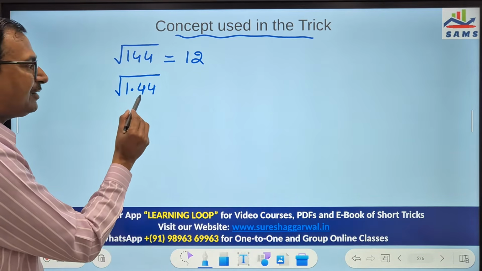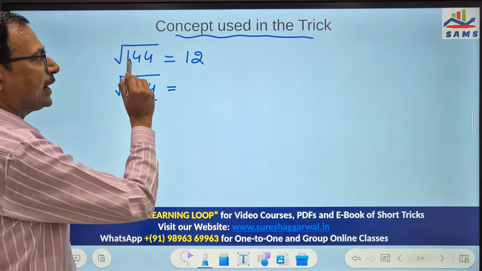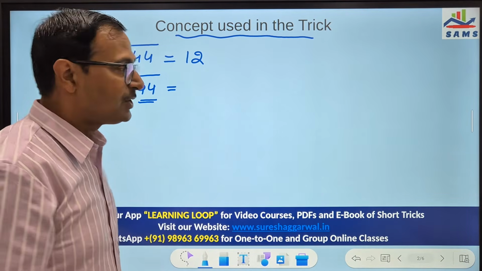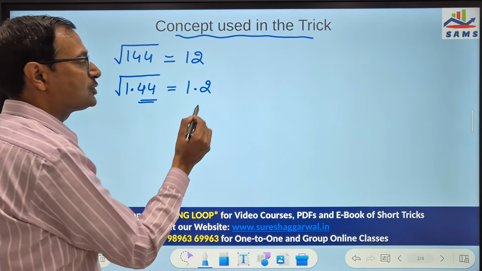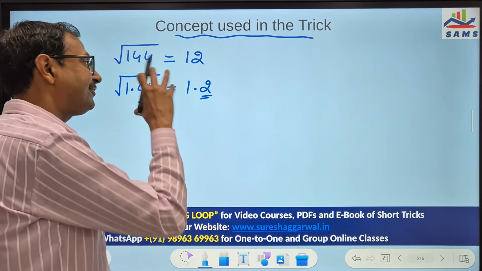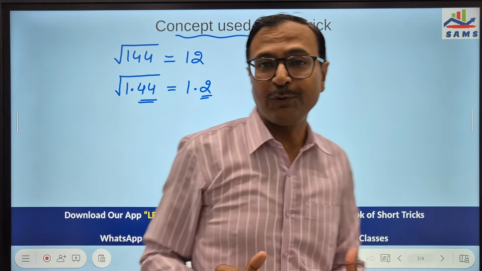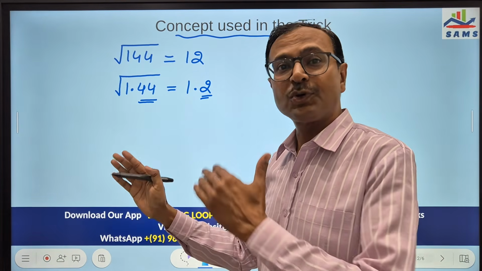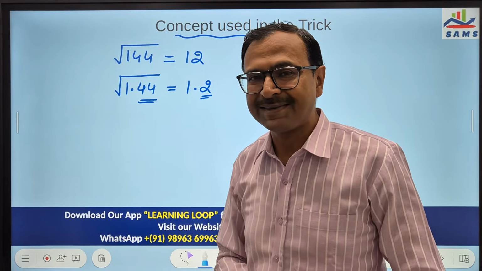Now, since there are two decimal places here, and the square root of 144 is 12, the square root of 1.44 will be 1.2. So, how many digits will be there in the square root? Half the number of digits in the original number. 1.44 has two decimal places, so the square root of 1.44 will have only one decimal place.